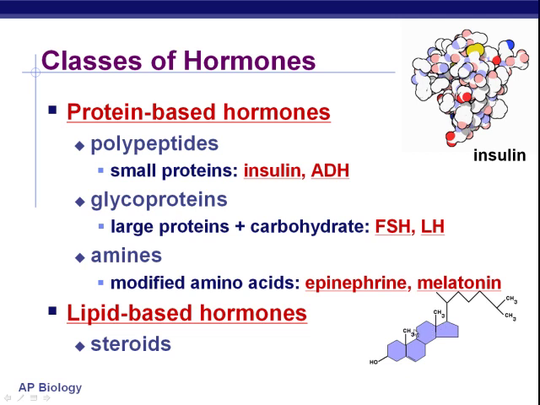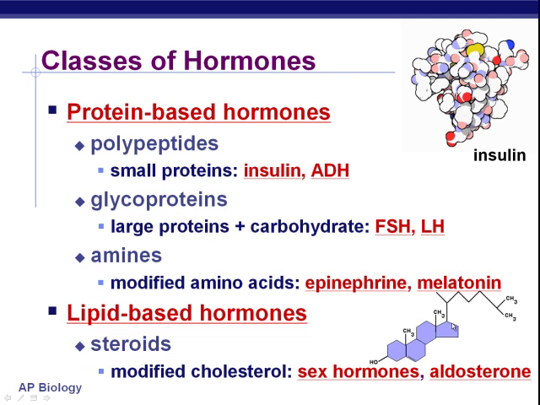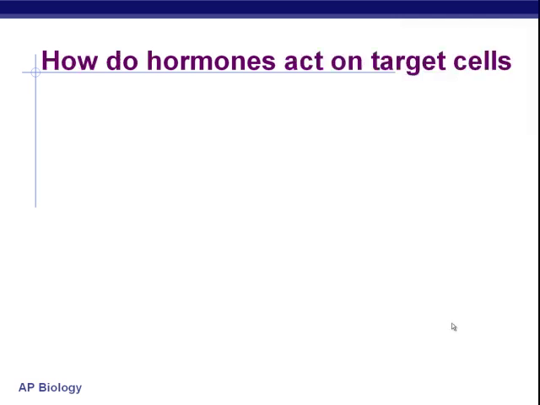Any steroid hormone, the estrogens, the testosterones, they are all fundamentally cholesterol, this 4 carbon ring structure. It's just that there's different stuff dangling off of it, different functional groups that make the different steroid hormones different from each other. Okay, so please keep those images in mind of proteins versus lipid-based or steroid hormones.